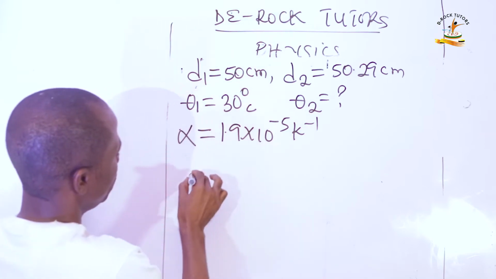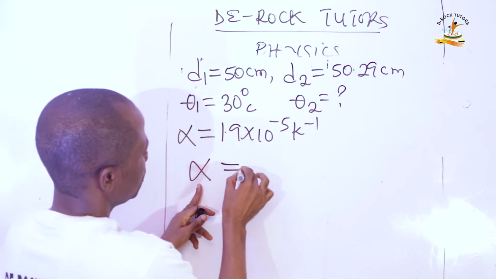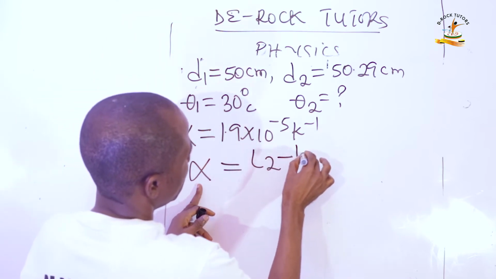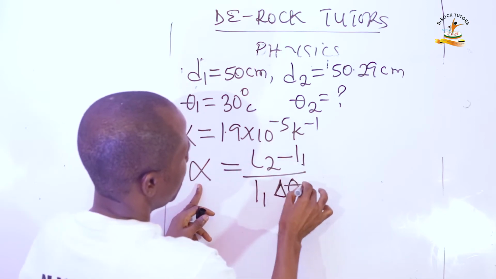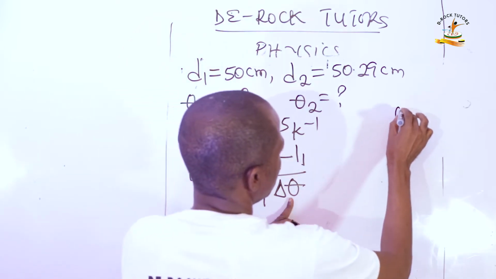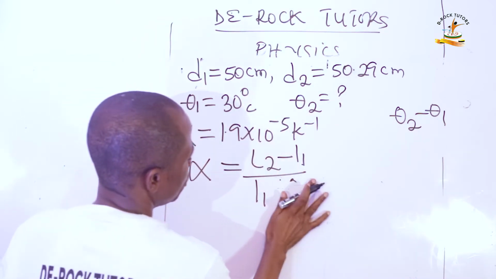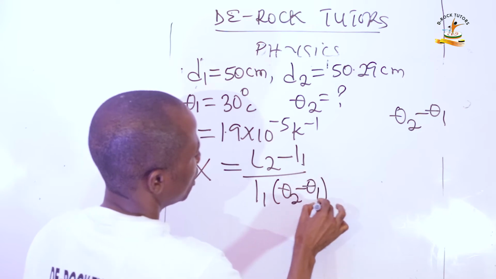Don't forget the popular formula. Linear expansivity is equal to L2 minus L1 all over L1, then the change in temperature. Don't forget, change in temperature can also be written as theta 2 minus theta 1.